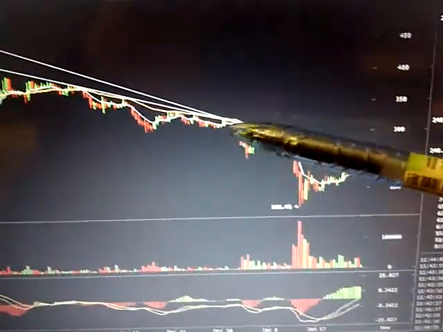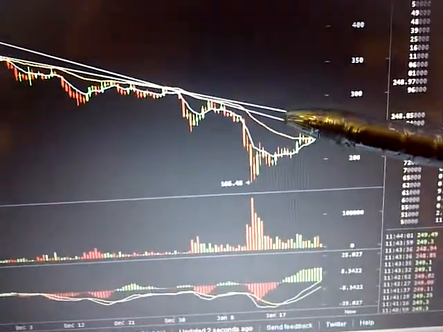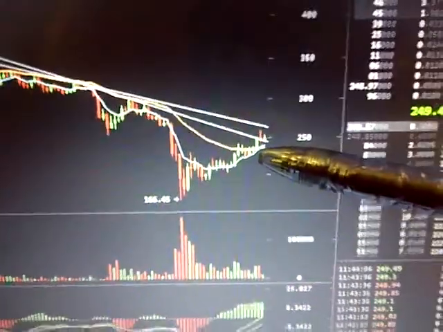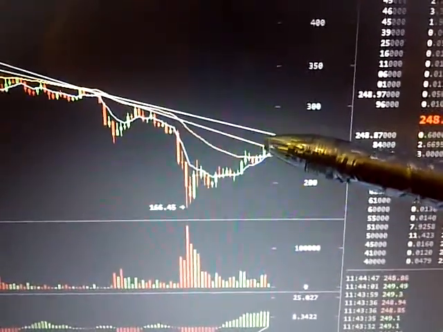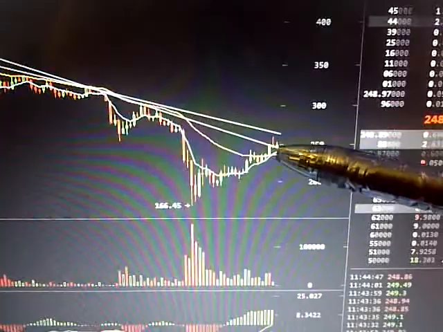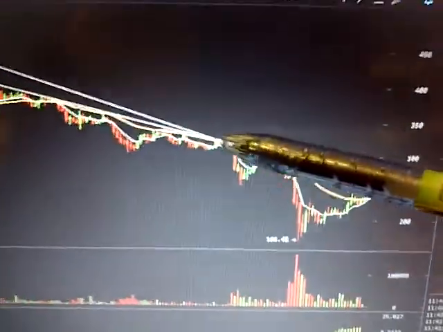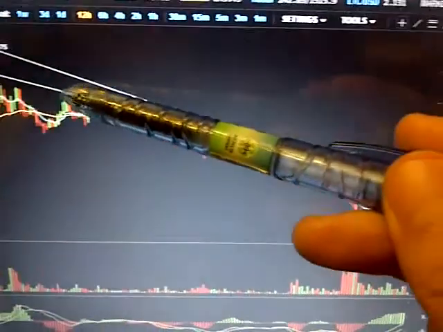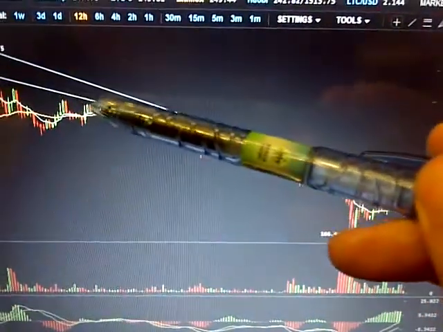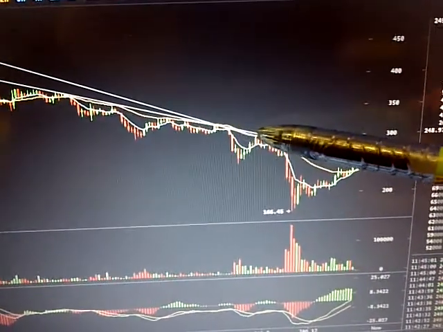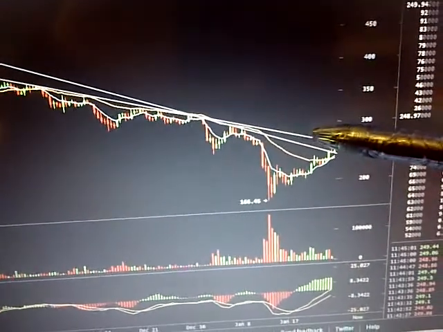The first one is from here to here, this bottom line right here. It looks like it's broken up, and then it's following this line and just skirting it. The other one is this line here, which has been a very strong resistance all along.